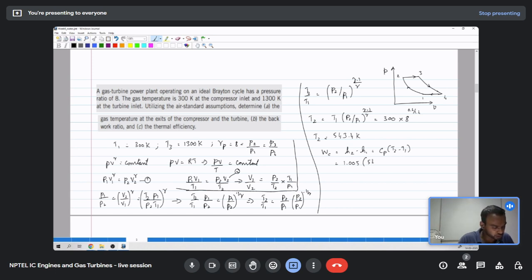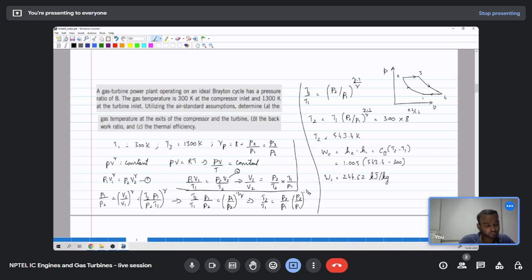We have 543.4 minus 300, so Wc is 244.62 kilojoules per kg. We don't know the mass of the system, so we will have everything in terms of per kg.